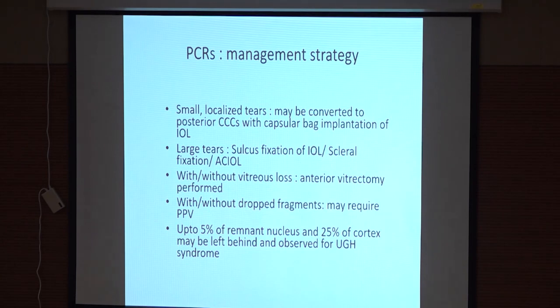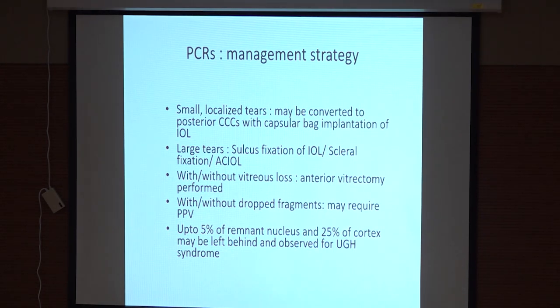And in the interest of not creating more problems while you are trying to handle a PC tear, some amount of cortex or nucleus may actually be left behind and observed for a later development of uveitis or pressure rise or something, where you can actually go in and remove it in a second sitting if something like that happens. So the recommended is that small amounts of nucleus, the nucleus is more toxic.